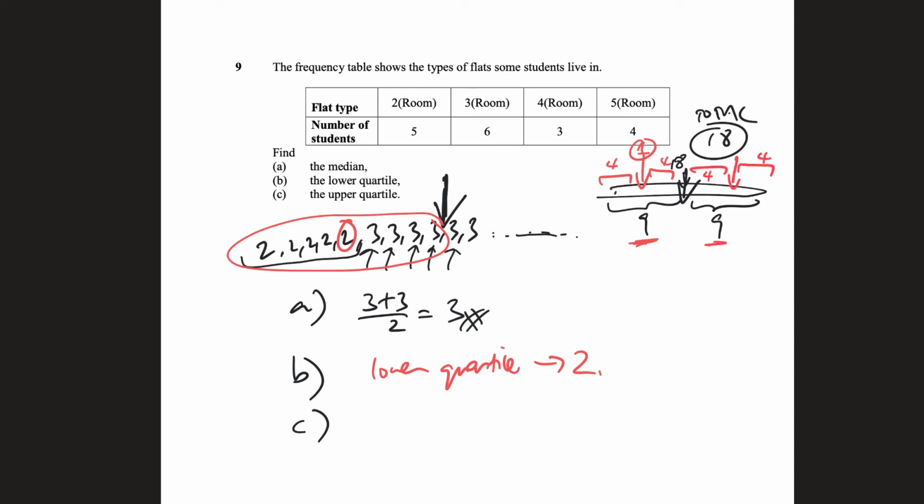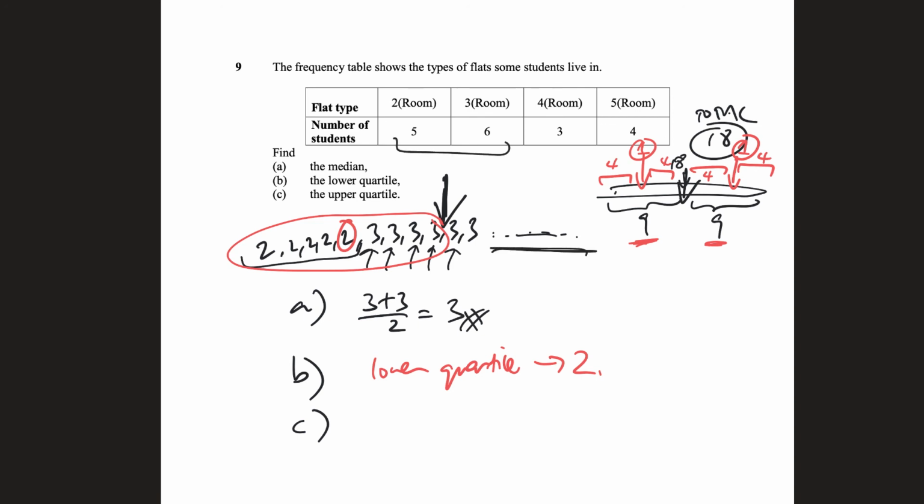And for my upper quartile, we can see now over here, it's going to be 4 data points as well, for a total of 9, because I picked the one in the middle as well. So which data point is this? So you can see it is 9 plus 4, which is 13, and it's the 14th. The 14th number is going to be my upper quartile. So which is the 14th number? Of course, I can continue to write out everything, but let's see if I can do it without.